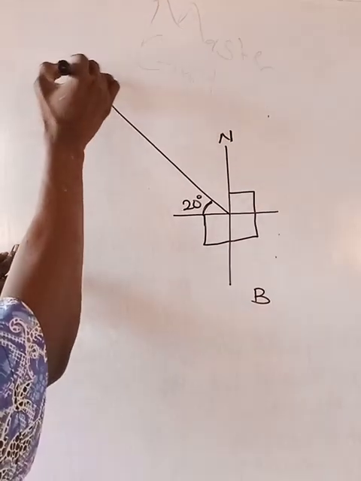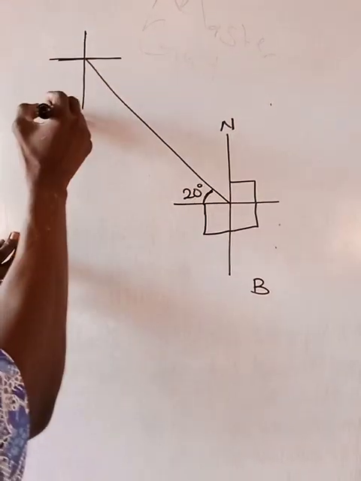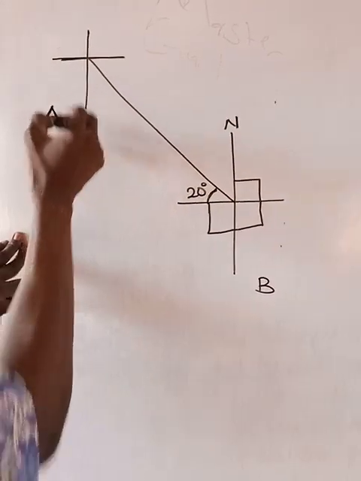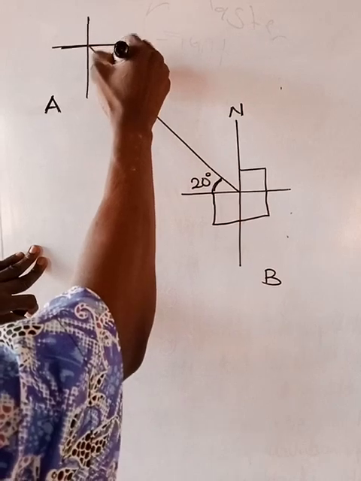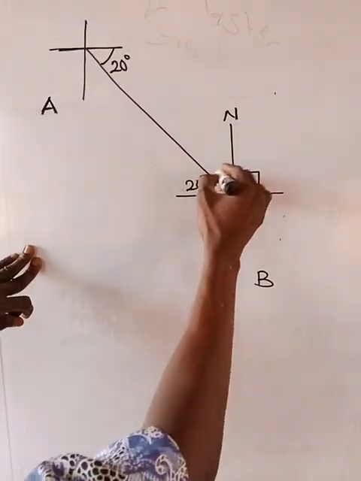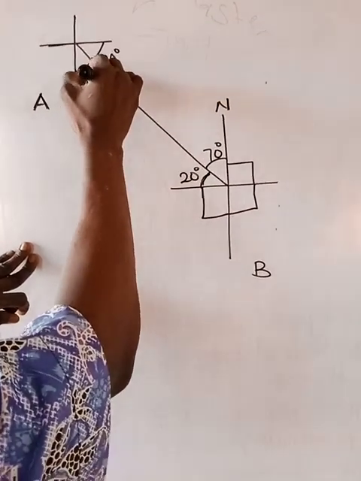So this is point A. You check, it is an alternate angle, 20 degrees. Meaning this will be 70, and alternately this will be 70 degrees.